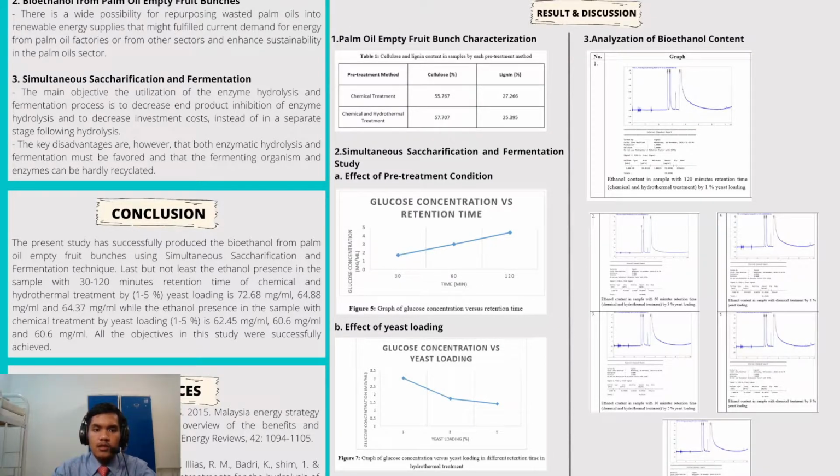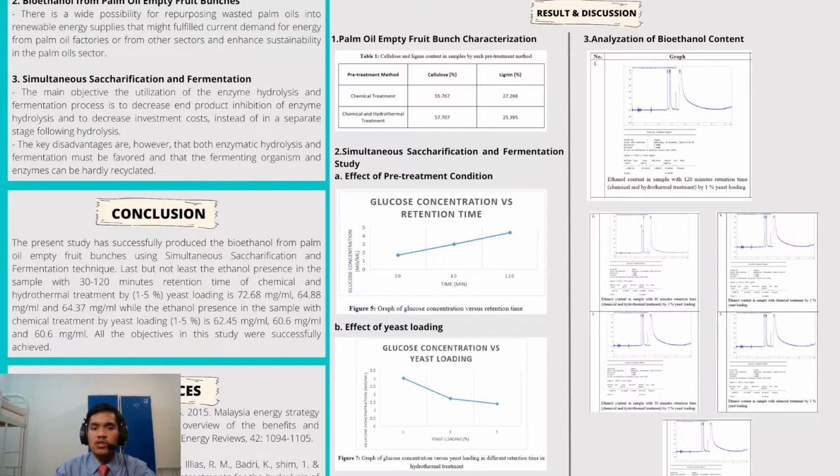For the simultaneous saccharification and fermentation study, to evaluate the influence of retention time, each sample adsorbent was measured and its glucose content was determined using equation 3.1. Figure 3.5 shows the effect of hydrothermal treatment retention time on glucose concentration.